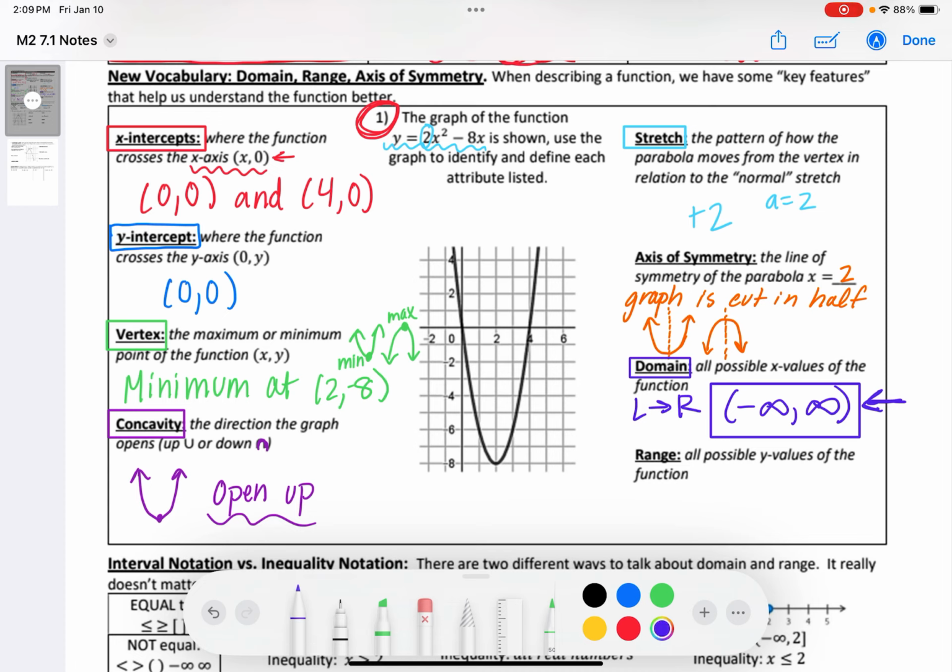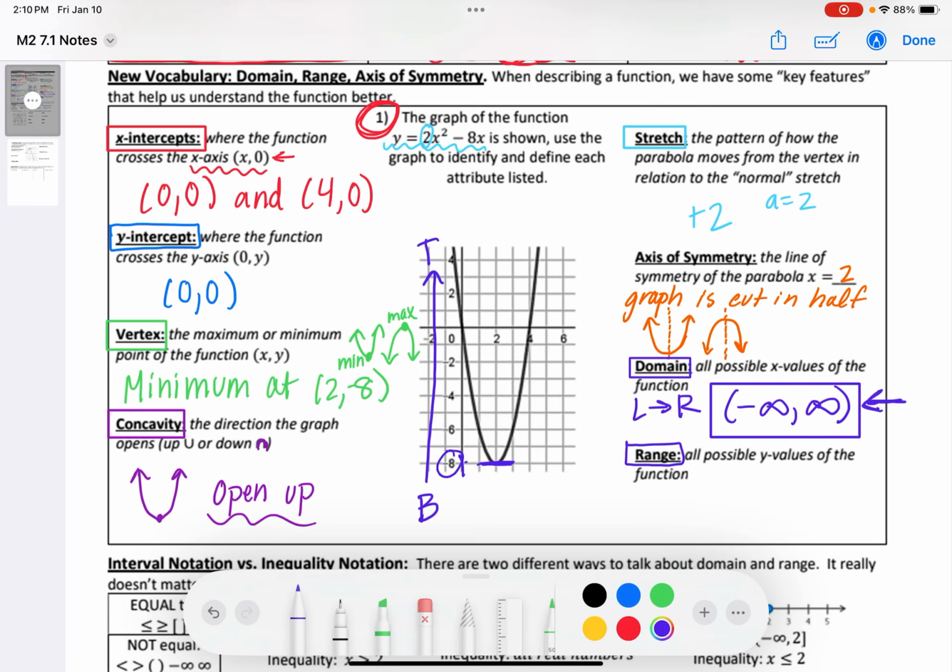But then your range are all possible y values of the function, all the y values that your graph is going to hit. We read the range looking at the bottom of the graph, all the way up to the top. How much is my graph going to cover? From the bottom, it starts right here on my y-axis, at -8.